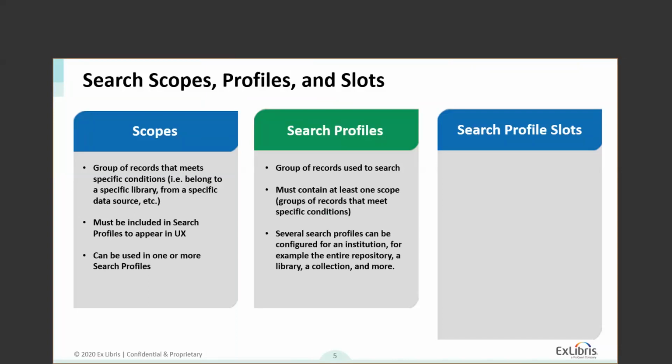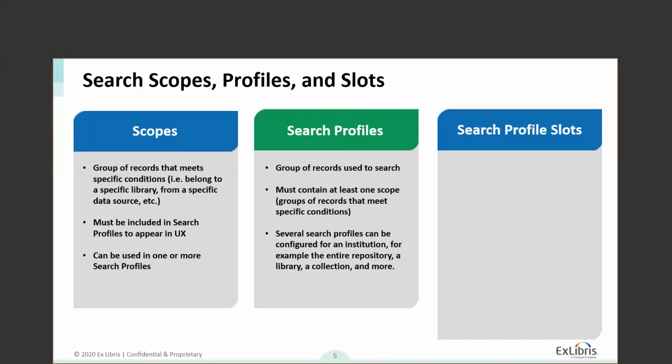Several search profiles can be configured for an institution. For example, you might have many search profiles, some that search specific libraries, some that search specific collections, some that search everything. You're pretty much unlimited in how many search profiles you can create.